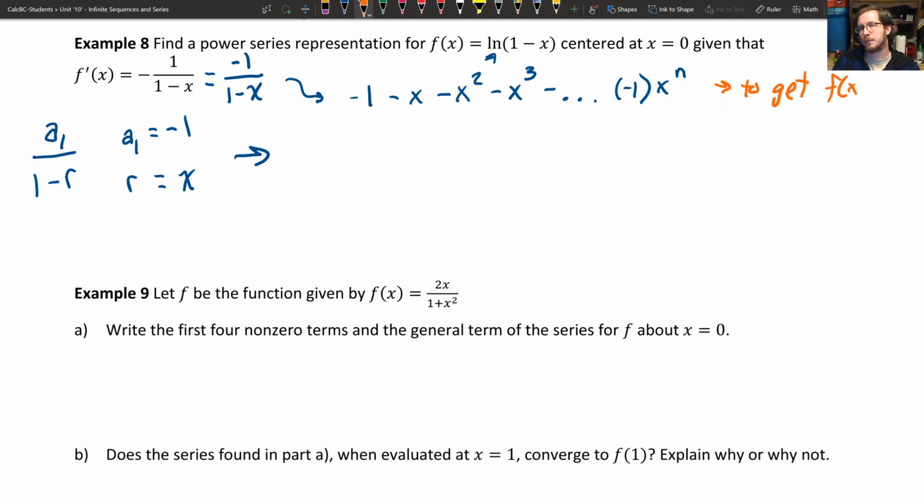To get f of x, we want to integrate what we just got, the power series for f prime of x. So let's do that down here, integrating each term.